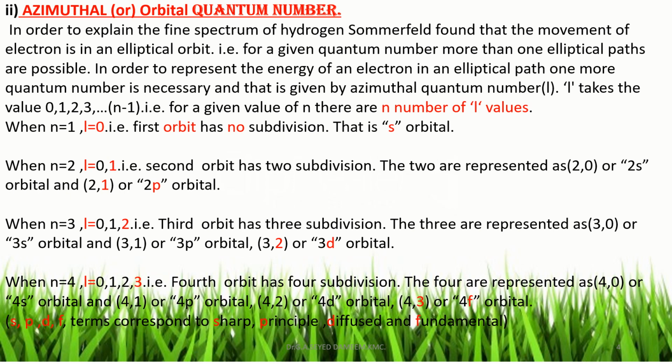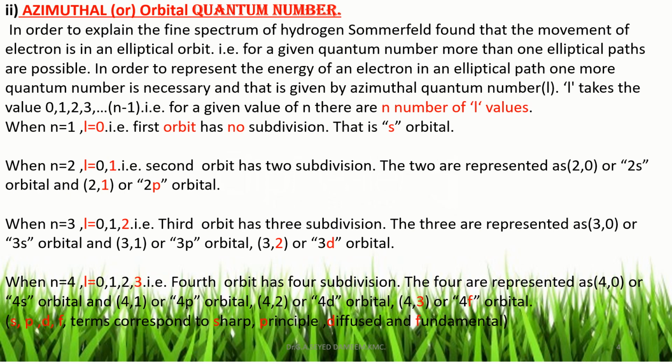The symbol for this quantum number is l, and l takes the values 0, 1, 2, 3, etc. up to n minus 1, where n is the principal quantum number. For a given value of n, there are n number of l values. If the principal quantum number n is equal to 1, there is one value for the azimuthal quantum number.